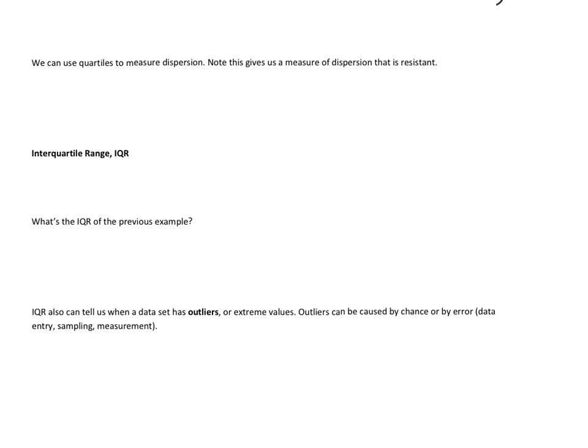All right, so we can also use the quartiles to measure dispersion. This is handy because quartiles are resistant. So if we have a data set that has extreme values, now we have a measure of dispersion that is resistant. That would be appropriate for a data set with extreme values. And then just to remind you, the standard deviation uses the mean. And the mean is not resistant.